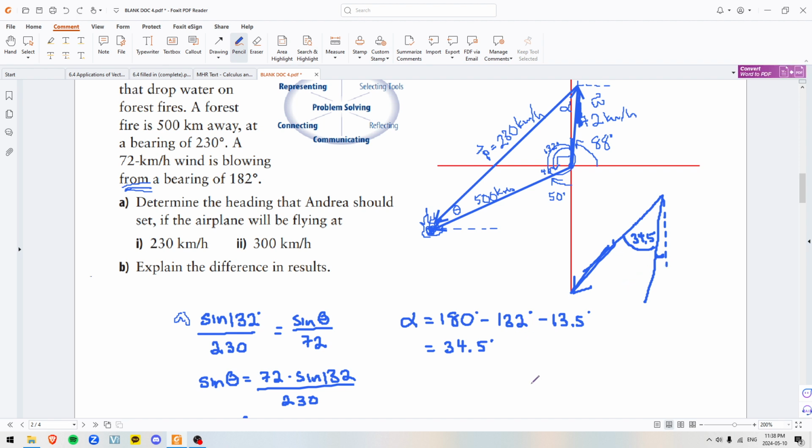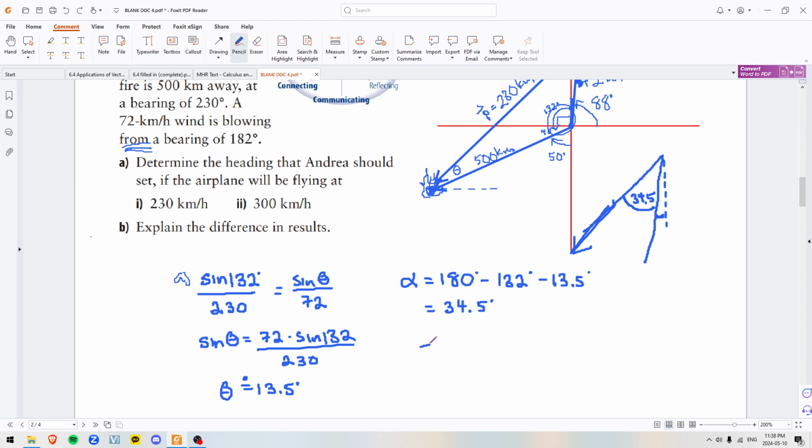The bearing that the plane has to fly, I'm going to say the heading of the plane is 36.5 degrees from the south.